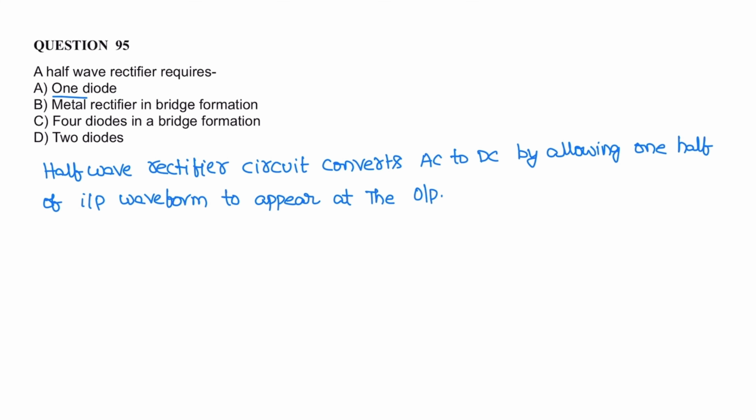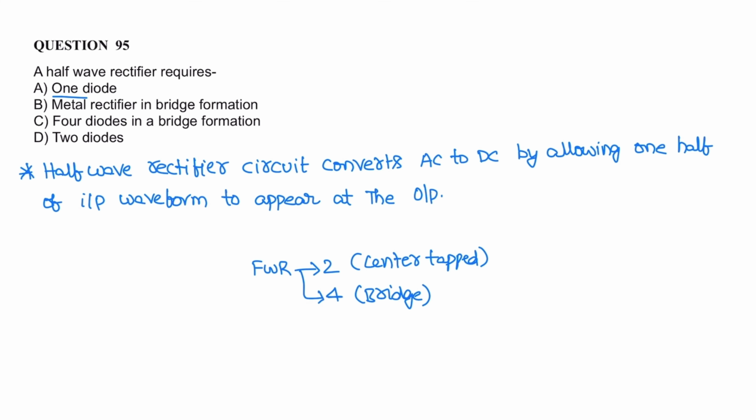It converts AC to DC by allowing only one half of the input waveform to appear at the output, whereas a center tapped full wave rectifier consists of two diodes and a bridge full wave rectifier consists of four diodes. So the correct option is A.